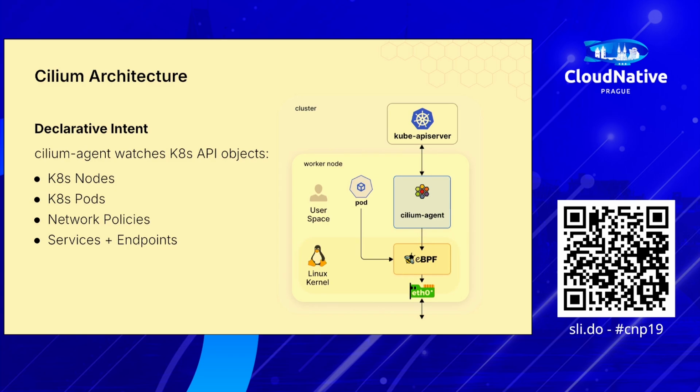It talks to the Kube API server to get the objects that are relevant for networking. So what are all the nodes, the pods, what are the network policies, also all the services and endpoints within those services. Based on all this information, it then implements the networking configuration within the Linux kernel using eBPF.